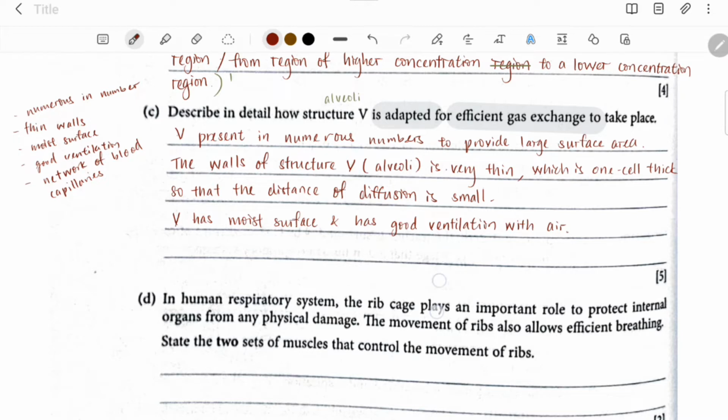Okay, so moist surface is to allow oxygen molecules to diffuse easily. Good ventilation with air is to maintain the diffusion gradient.